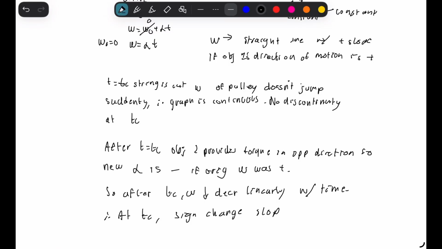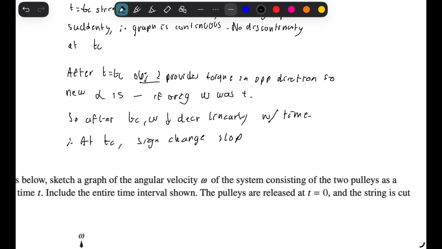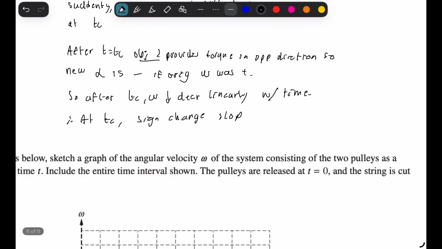At t equals tc, the string is cut and the angular velocity of the pulley doesn't jump suddenly. So the graph is going to be continuous and there's no discontinuity at tc because there is no immediate jump, right? Then after t equals tc, object 2 is going to provide torque in the opposite direction. So the new alpha is going to be negative if the original angular velocity was in the positive direction, right?